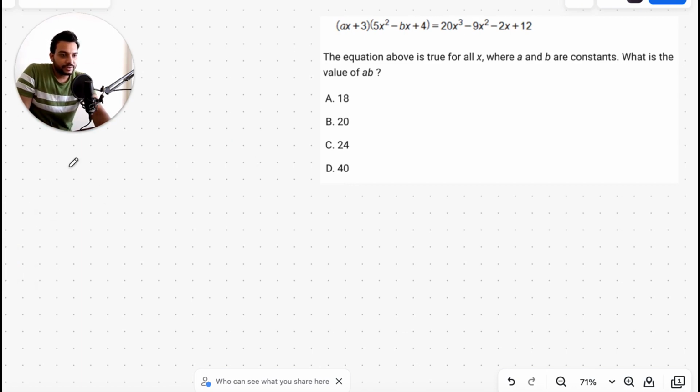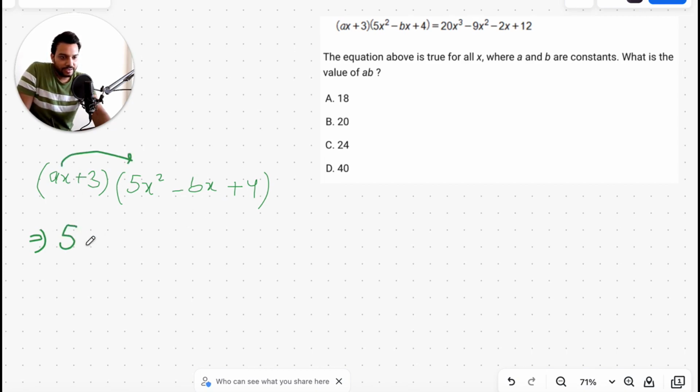Let's try to expand the left hand side first: (ax + 3)(5x squared minus bx + 4). First of all, we'll multiply with ax throughout.